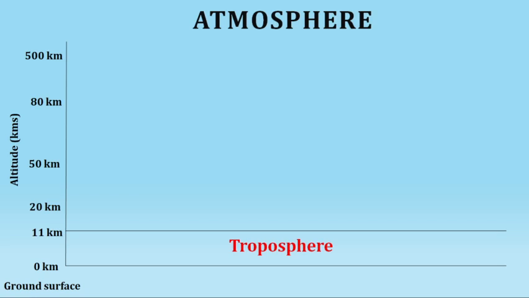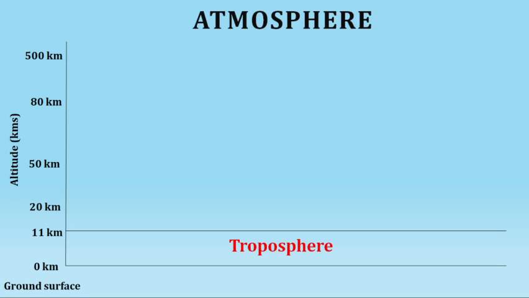The height of the troposphere is not the same throughout the different locations on this earth. For example, if you would like to measure the height of the troposphere at the equatorial region, then this troposphere will be vertically extended up to 16 kilometers in that region.